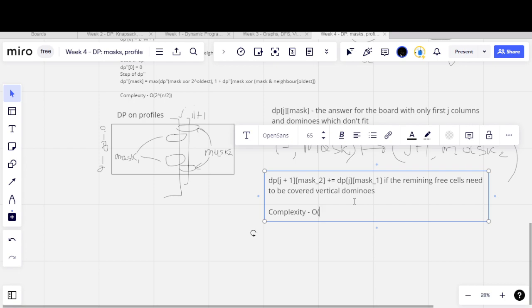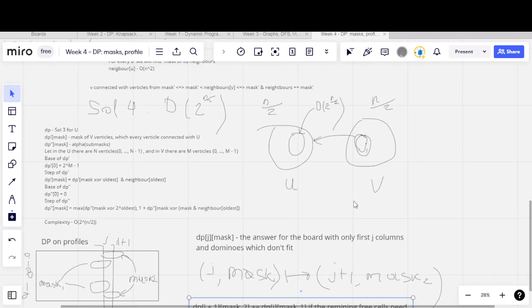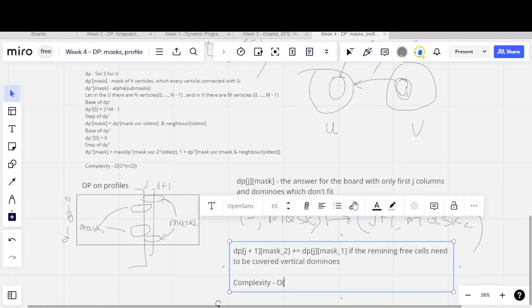But on every step we have to check if we can do a step, and it will be n to the power of n.